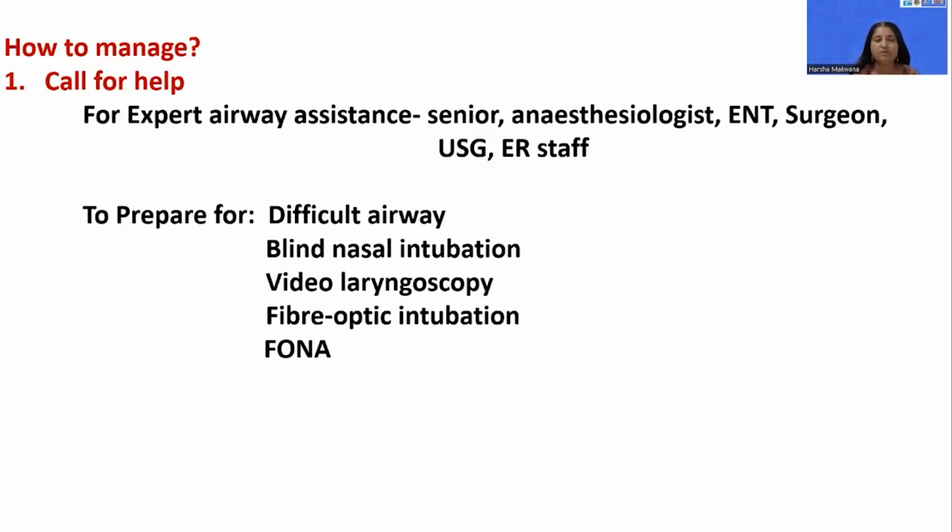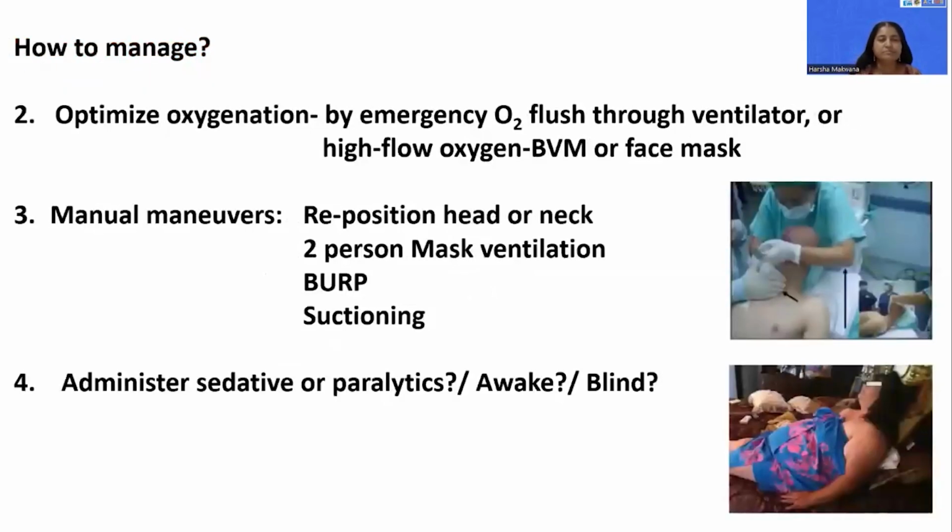We will call our senior experienced person, anesthesiologist, maybe ENT or surgical people who perform tracheostomy routinely. We will do ultrasonography and involve emergency room staff. I instruct my emergency room staff to prepare for difficult airway, blind nasal intubation, video laryngoscopy, fiber-optic intubation, and FONA.